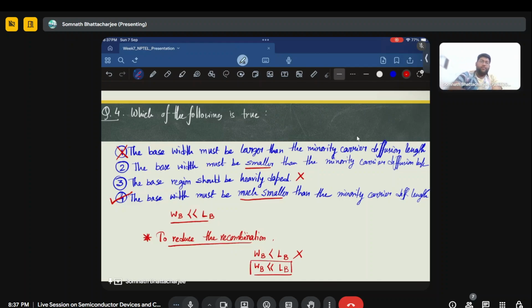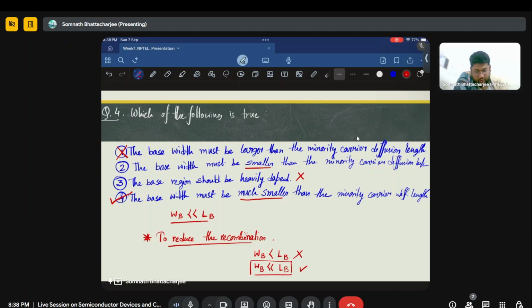The basic problem with the definition of LB is that it states the average distance that can be traveled by a minority carrier before recombination happens. So we need to maximize this, and WB should be much less than LB.